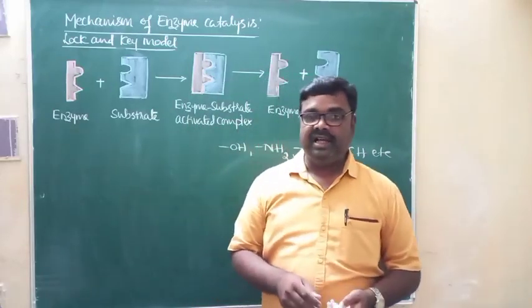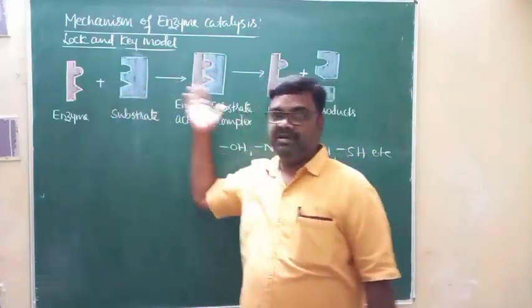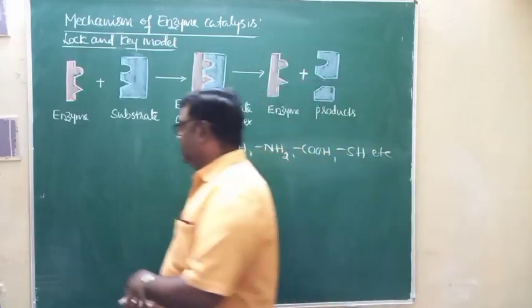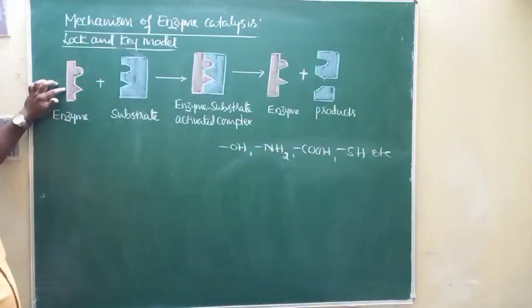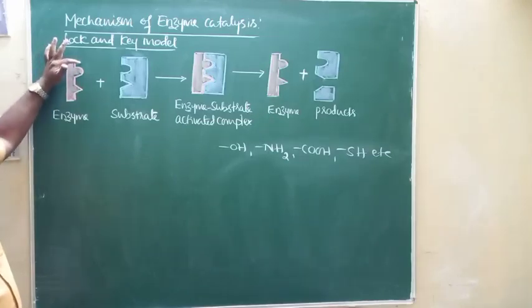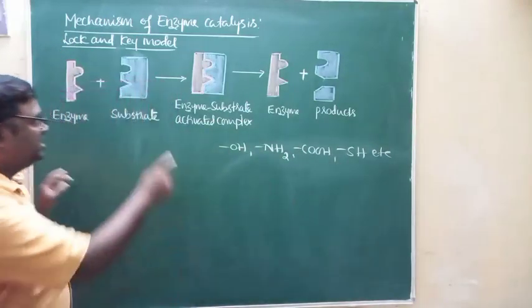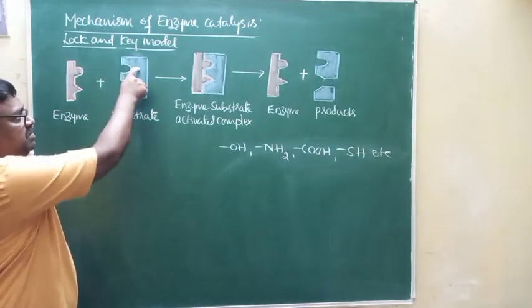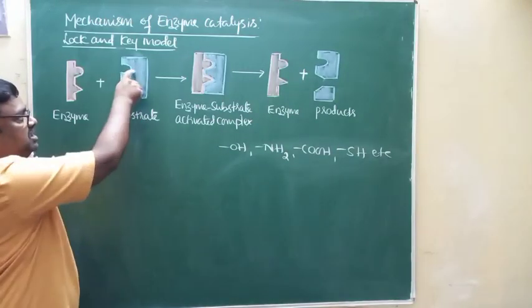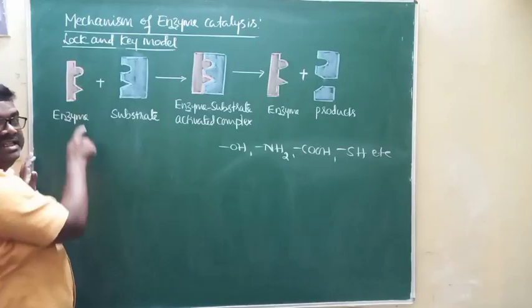And of course, I can represent this mechanism of enzyme catalysis by using this schematic diagram. Look at this. This is the enzyme characterized by cavities with a definite shape. These cavities are characterized by active functional groups. And this is the substrate molecule. Look at the shape of the substrate molecule. The shape of the substrate molecule is complementary to the shape of the cavities of the enzyme.